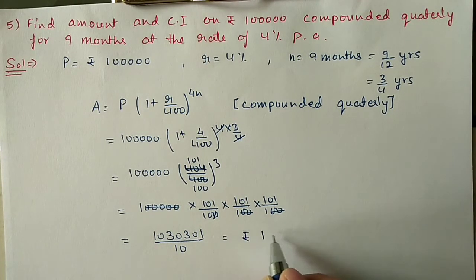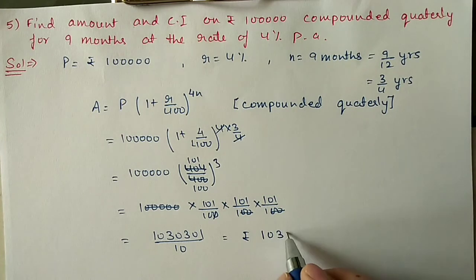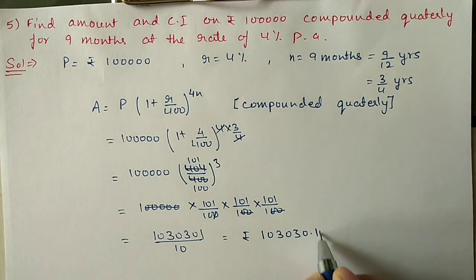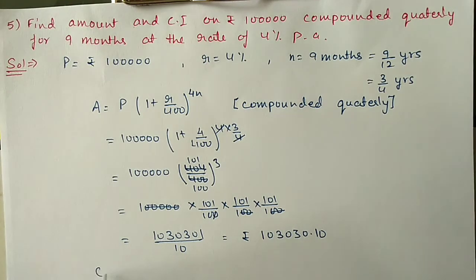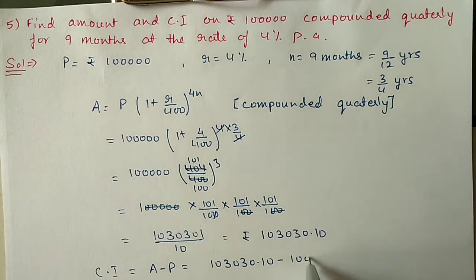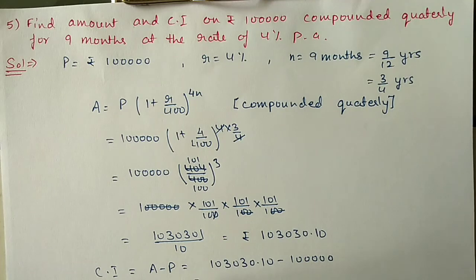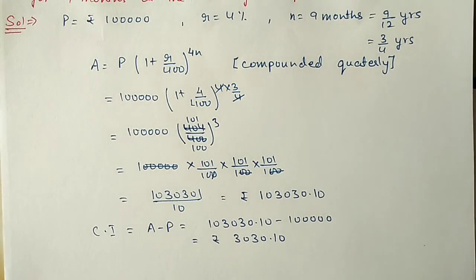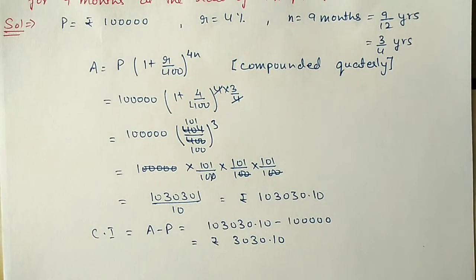So this we will get 1,03,030 rupees 10 paise. Compound interest will be amount minus principal. After subtraction we will get 3,030 rupees 10 paise. So compound interest is 3,030 rupees 10 paise.